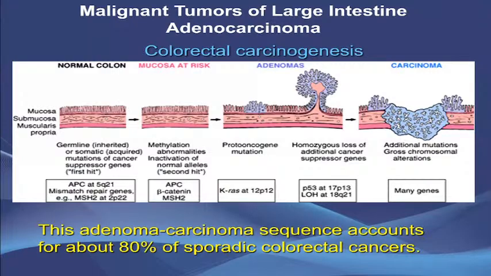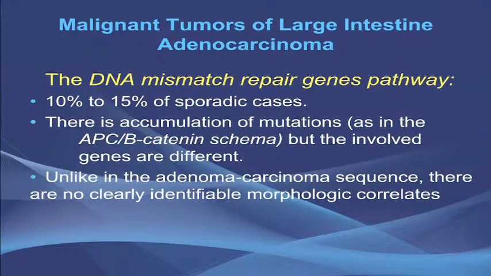And then the second pathway is a DNA mismatch repair gene pathway, which accounts for 10 to 15% of all sporadic cases. And this leads to accumulation of mutations, as in the previous pathway, but the involved genes are different.